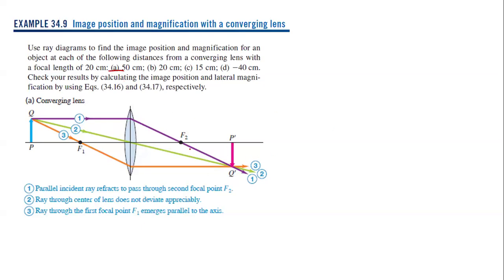Suppose you use ray diagrams to find the image position and the magnification for an object at each of the following distances from a converging lens with a focal point. So you draw a straight line, and draw the converging lens.